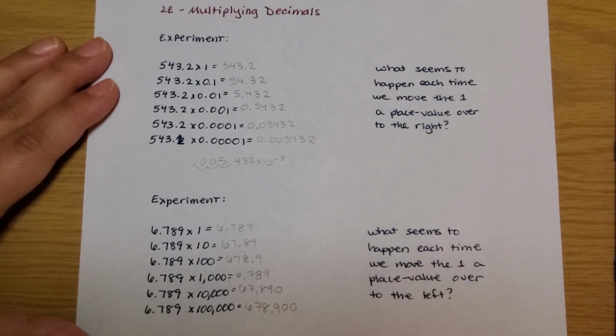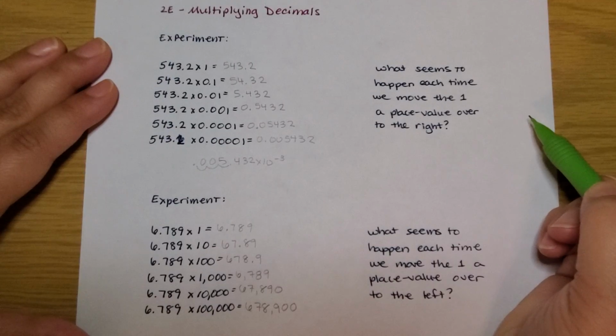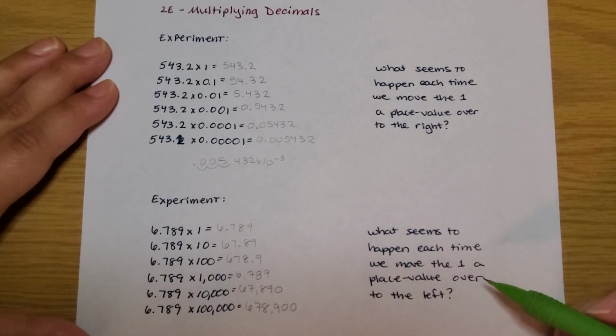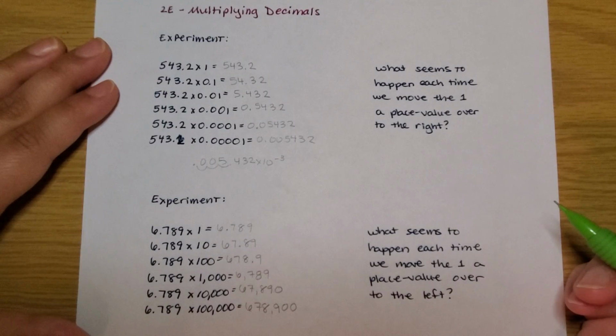So the two questions that you might ask after you do something like this when you're trying to establish a pattern is what seems to happen every time we move the 1 over a place, either moving it over 1 place to the right or moving it over 1 place to the left. What happens?